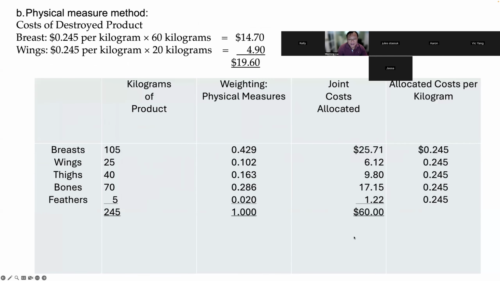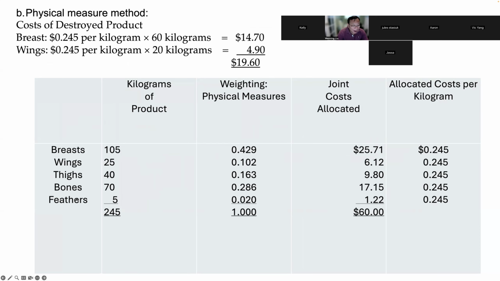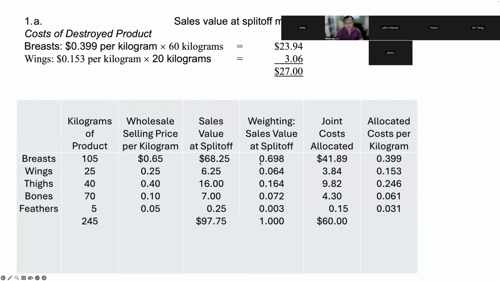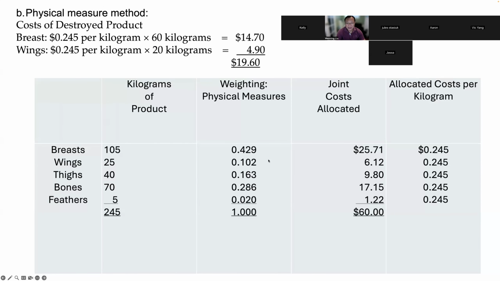But if you take a look at it based on weights, because of these heavy parts, the bones, these are the heavy components, the proportion of the breast is now only 43%. If you think about the value from the previous slide, the breast revenue percentage is 70%, but if you go by weight, it's 43%.